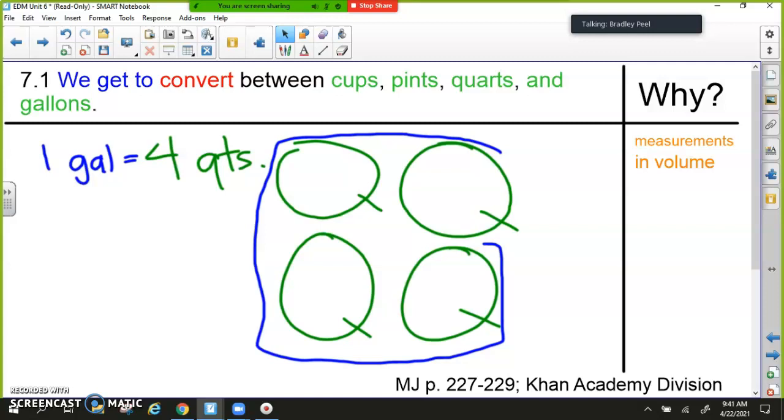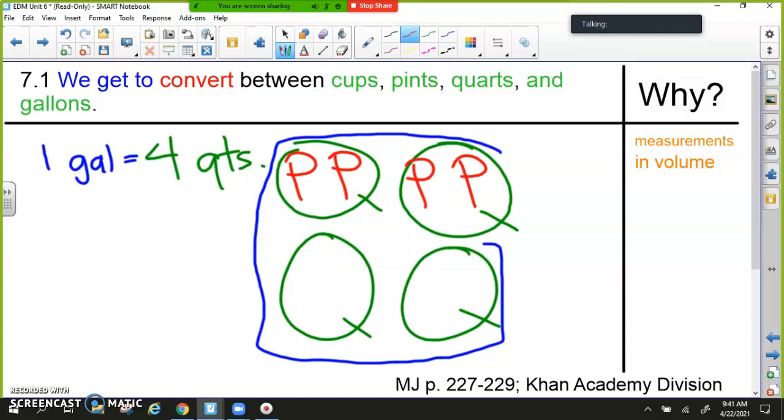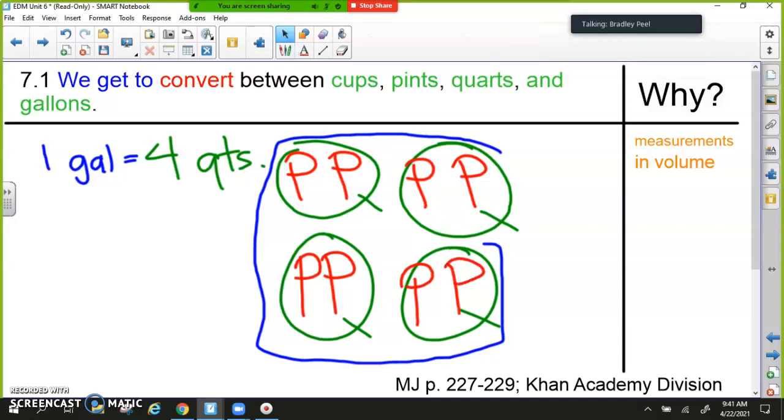Okay. How many pints are in a quart according to this? It's the P. How many pints are in a quart? Okay, so there are 2 pints in a quart. Yes, I know it's starting to get a little small.